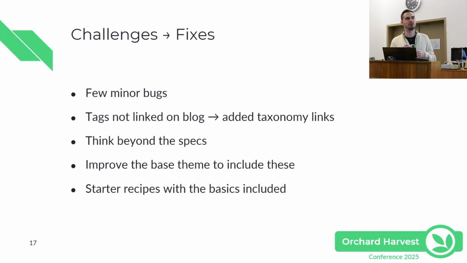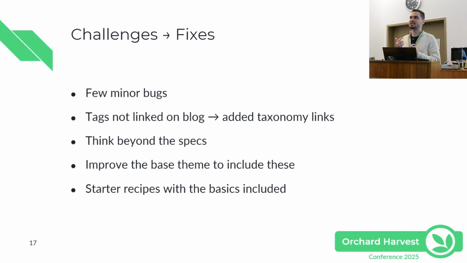The tags on the blog weren't links. Okay, easy fix. You can make the taxonomy terms show their display pages, but that style wasn't ready to be enabled, so we needed to tweak those. And we did. It looks nice now.